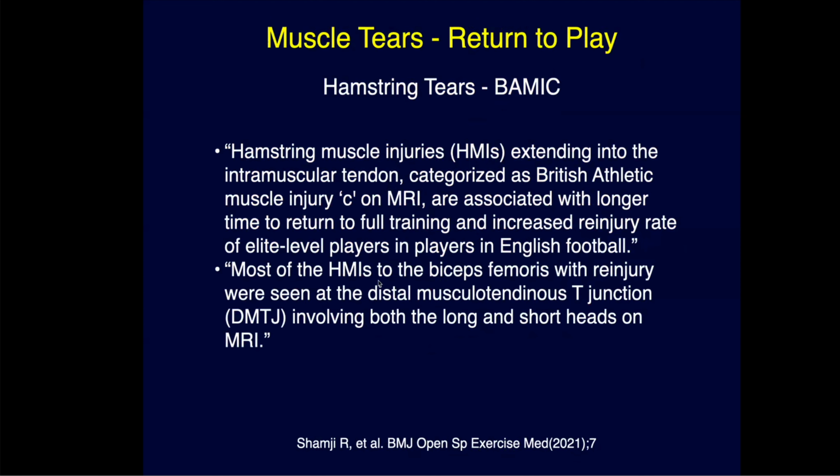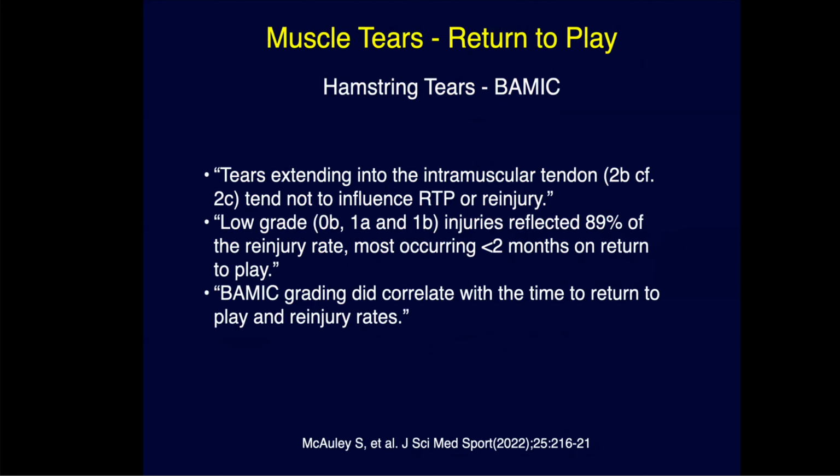And most hamstring muscle injuries involve the distal biceps and involve both the long and short heads. So that's where the common injuries are. So they confirmed that involvement of the intramuscular tendon is very important for return to play. So this is in 2021.